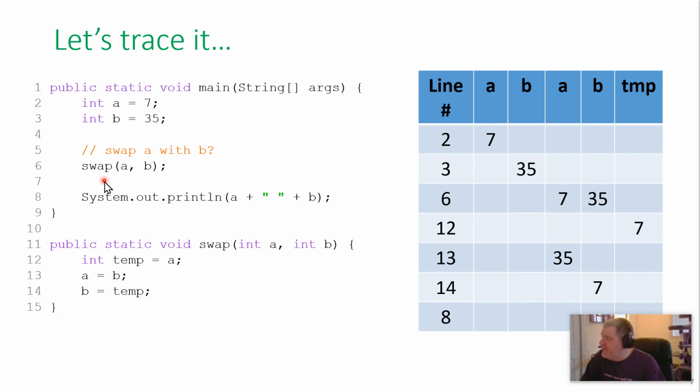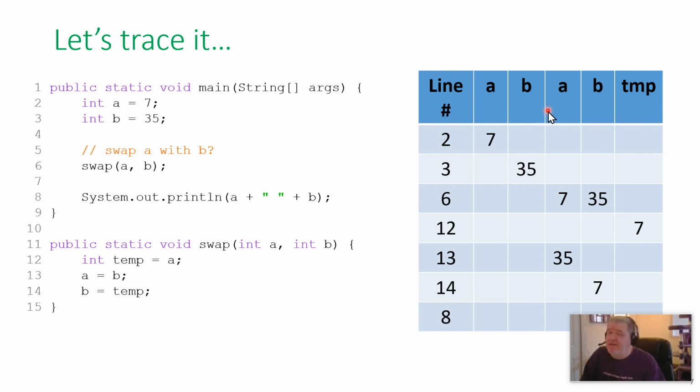Line 7, there's nothing to do. Line 8, I want to display on the screen A and B, the values inside of A and B, but guess what? I returned from the method to the main. As soon as I return from the method, those 3 last columns here, A, B, and TMP, they go away because I'm not going to store the temporary variable and parameters that I was using during the execution of a method that's completed, right?